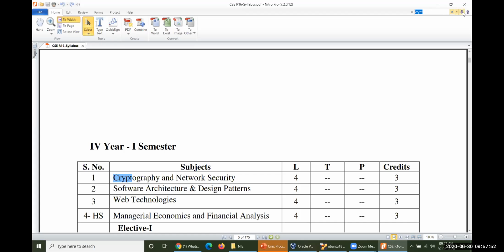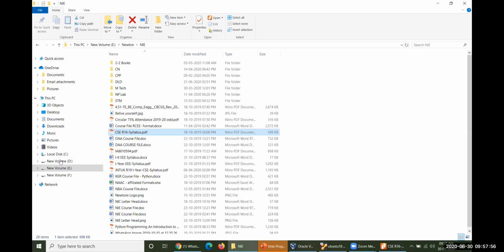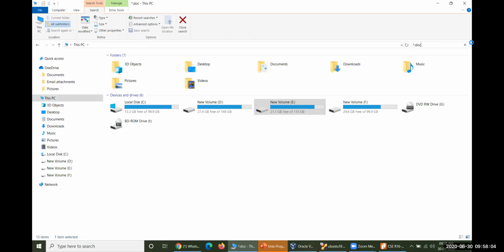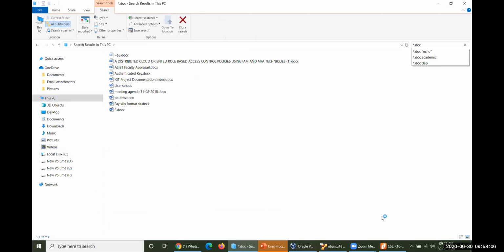Not only at this particular point, here also I'd like to search for some particular documents. So in my PC, I'd like to search for some particular document, star.doc. Yes, you have operated this one. Yes, it could also display something to you.